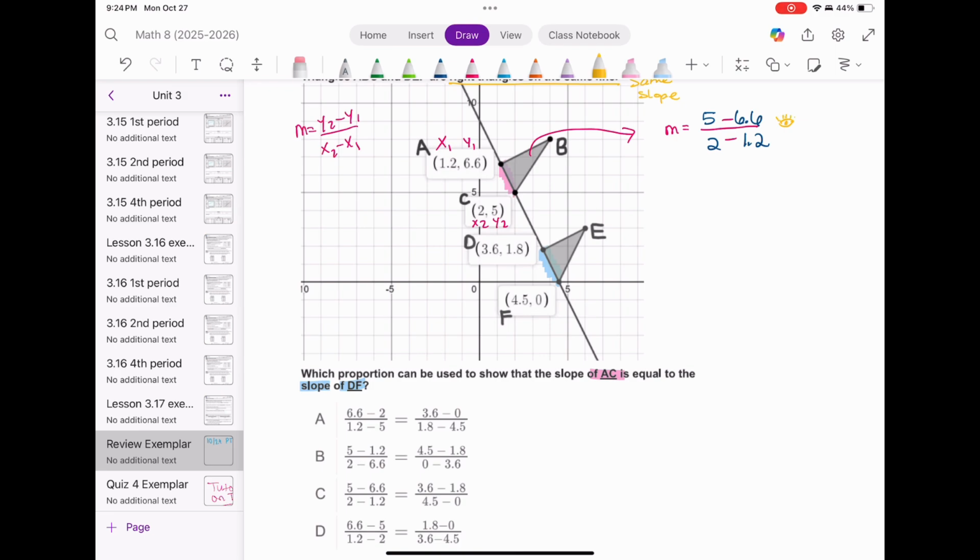Now, if you notice, A and C are definitely not matching at all. C is matching exactly, but I don't want you to say that this is the answer right away. Because if you notice, D could also be the answer. And if you still don't know why, stick around and you're going to see at the end why. Okay, so to be sure, now I'm going to do the slope for DF, for the blue triangle.